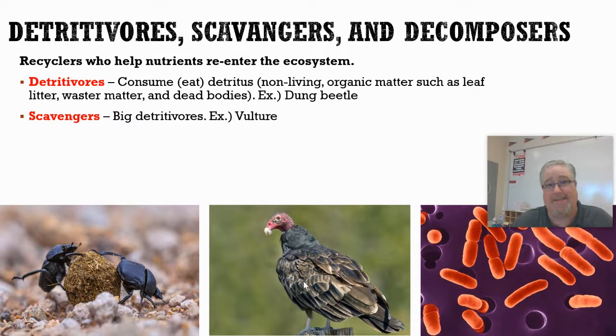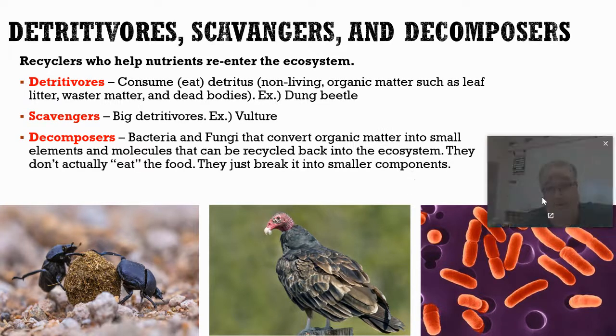So again, they're eating dead things that have already been consumed by other organisms. But in this case, the turkey vulture or the vulture is going to act as a scavenger. But these two things are pretty much the same. The only difference really is the size of the organism. So we use these two words sort of synonymously.